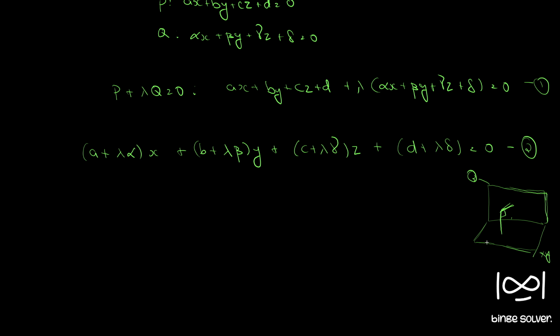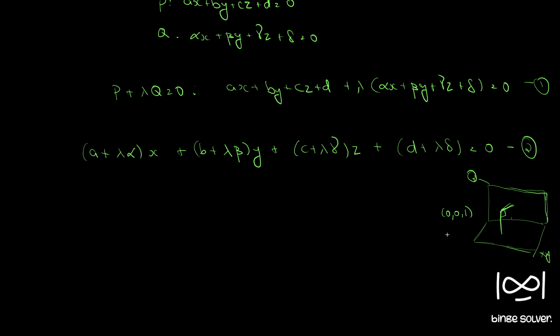What is the normal to the xy plane and its direction ratios? If you construct a normal to the xy plane, the direction ratio of such a normal will be of the form 0, 0, 1.